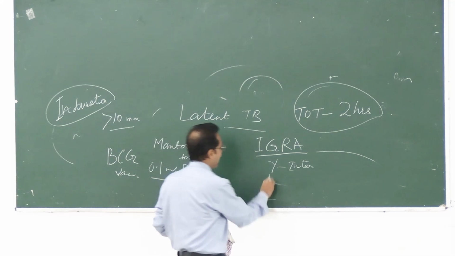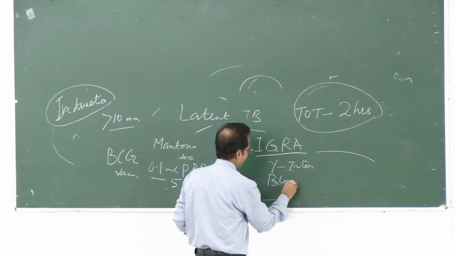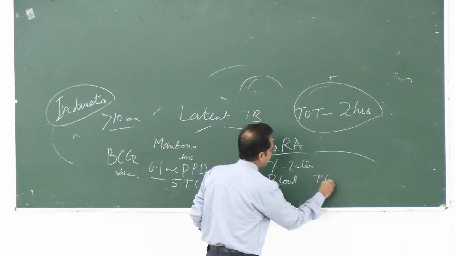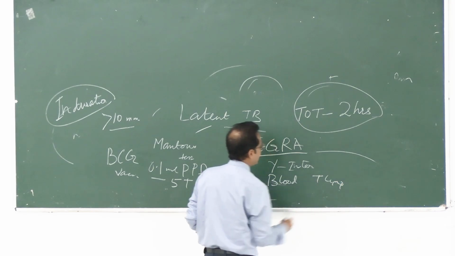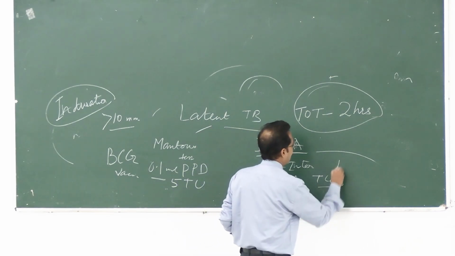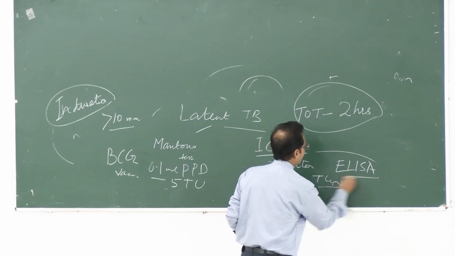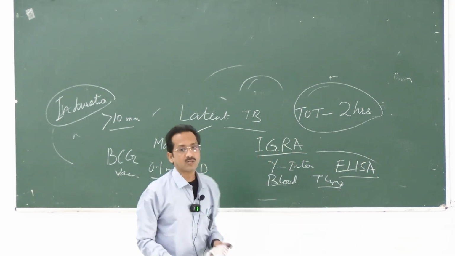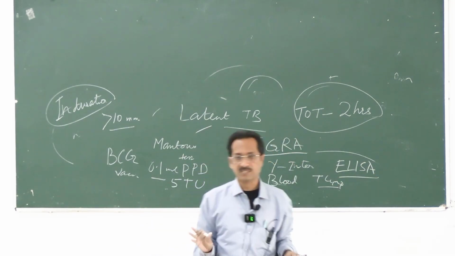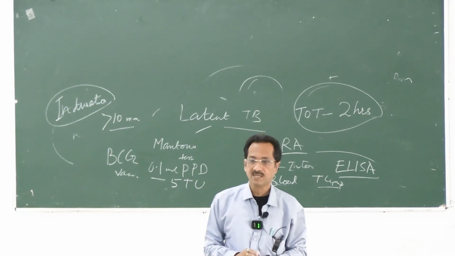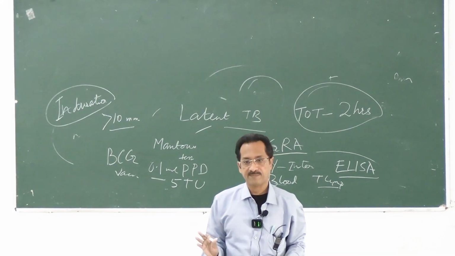Its sample is blood. T lymphocyte is isolated, and this is an ELISA method. And it is not positive with BCG vaccination. Even after BCG vaccination, IGRA is negative.